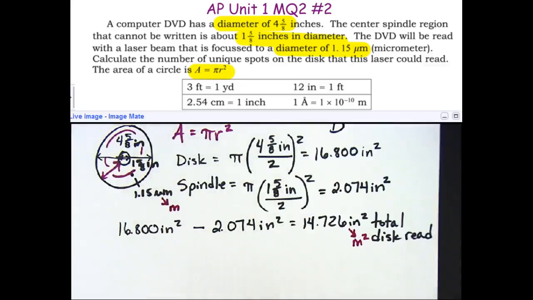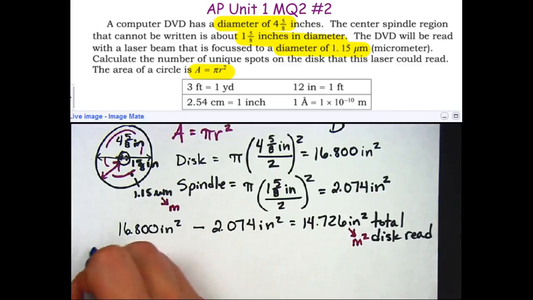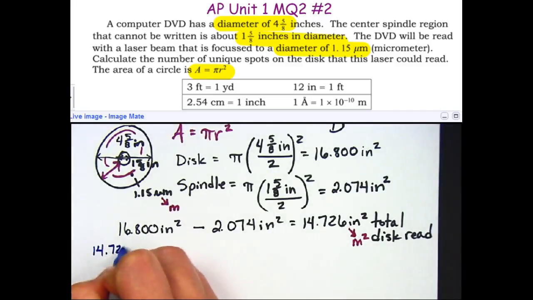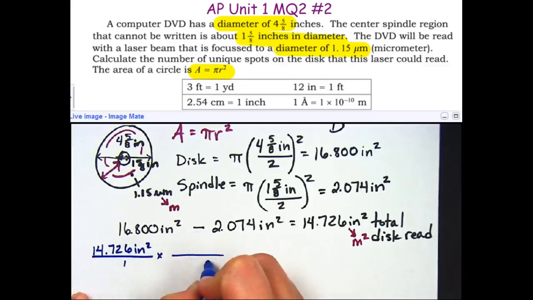So I'm going to convert my 14.726 inches squared, put it over 1. We'll go from square inches to square centimeters.